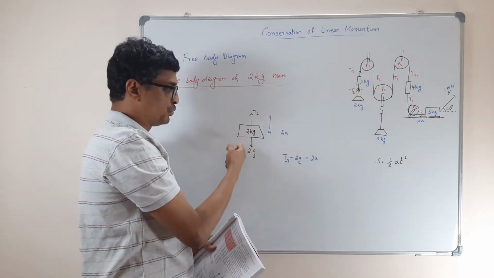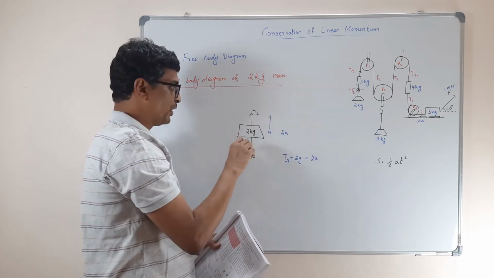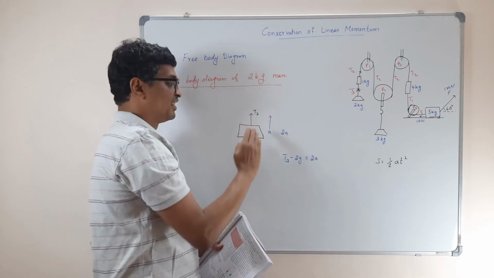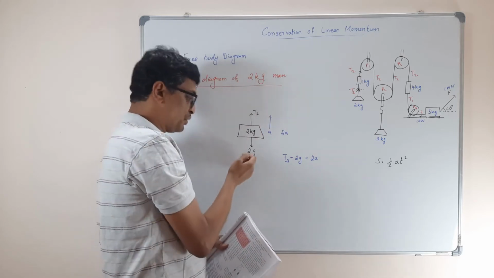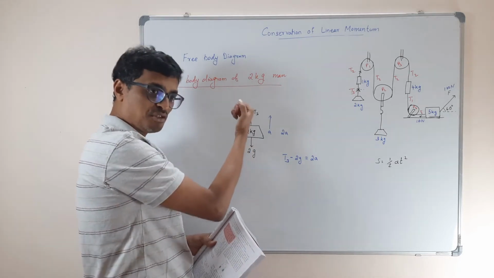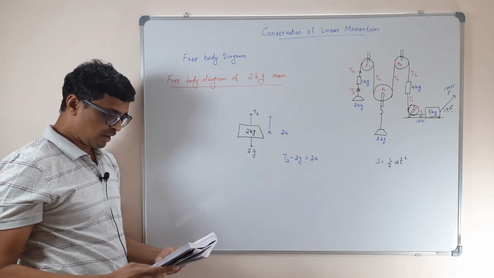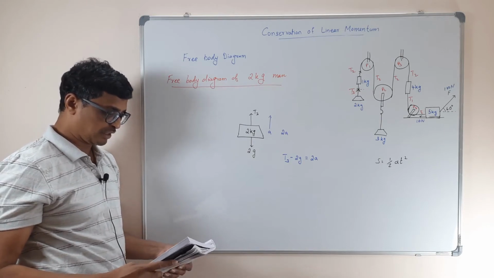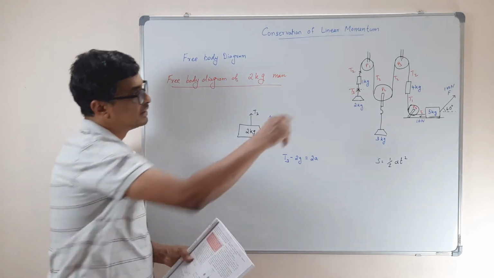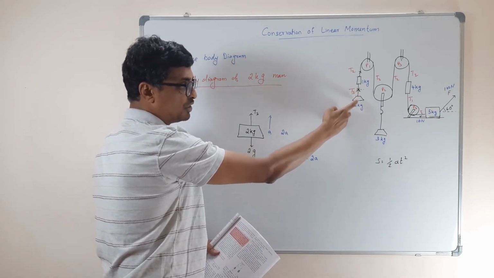So one is 2G, another one is tension T3. If the tension is higher, it goes upwards. If 2G is larger, it moves downwards. In this case, the lower half of the string is connected to the 2 kg mass, correct?